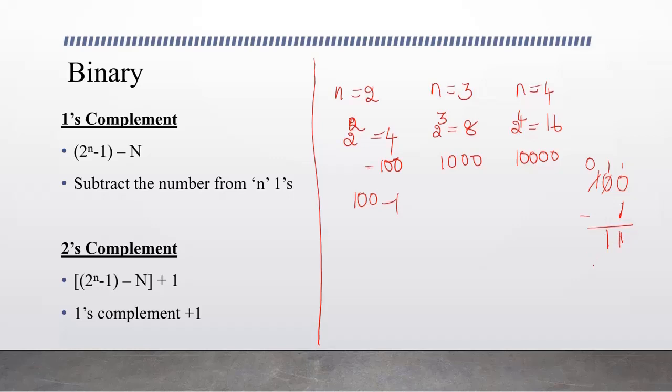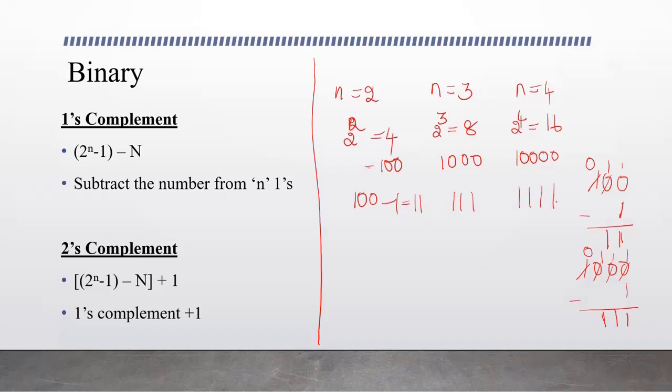When we subtract 1000 minus 1, we take a borrow from the next available digit, and all the digits become 1. The result is 1 1 1.